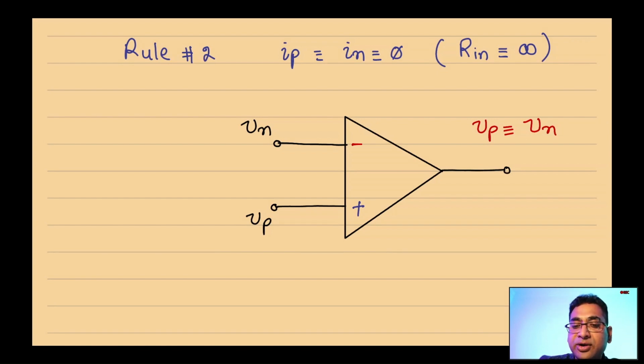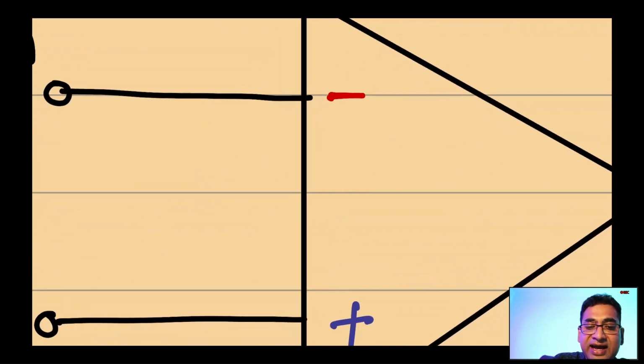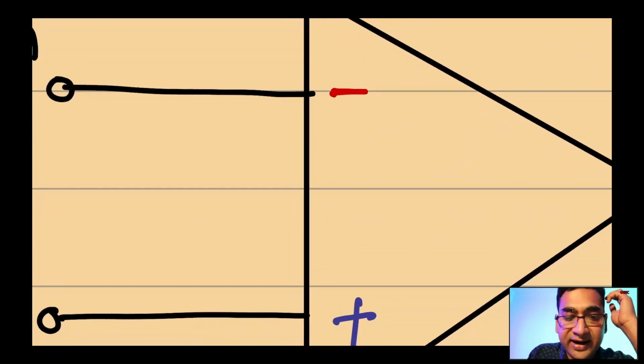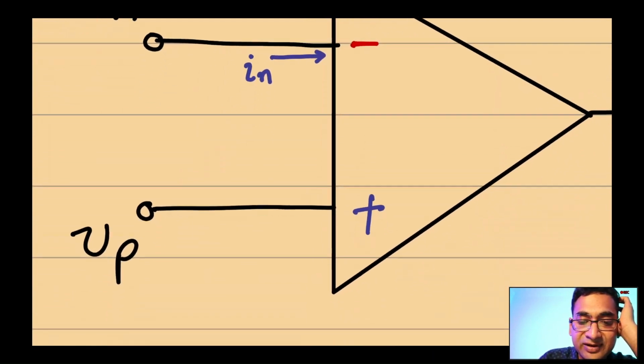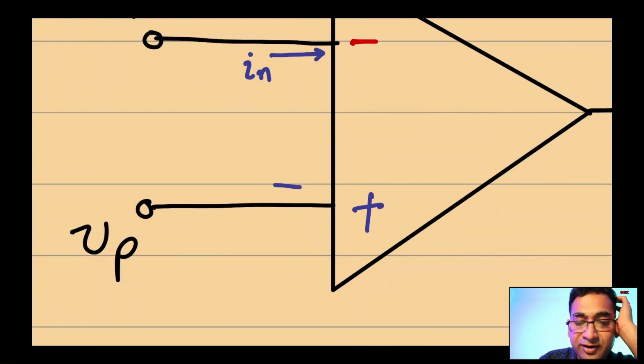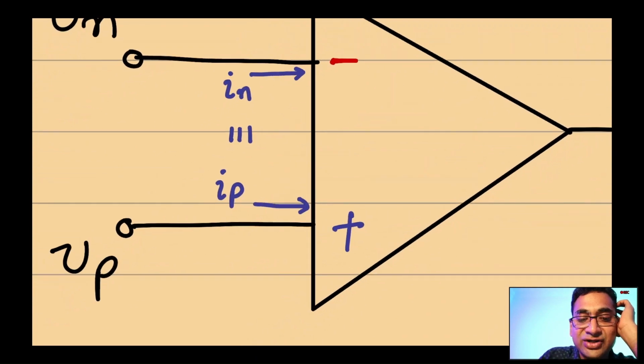Now, rule number 2 says this. The amount of current going into the negative terminal of an op-amp and the amount of current going into the positive terminal of an op-amp, they're equal. Not only are they equal, they're actually zero.